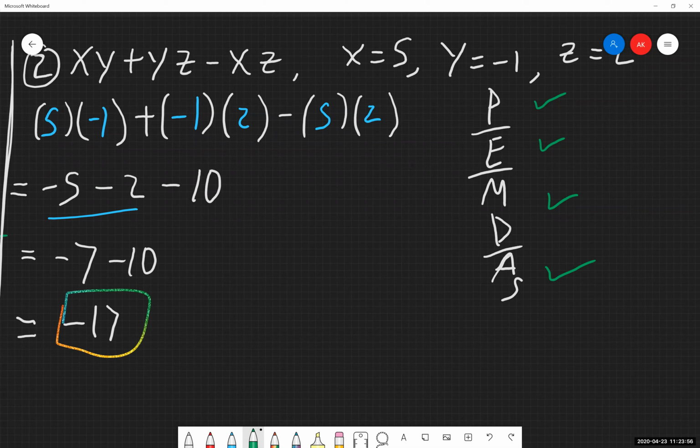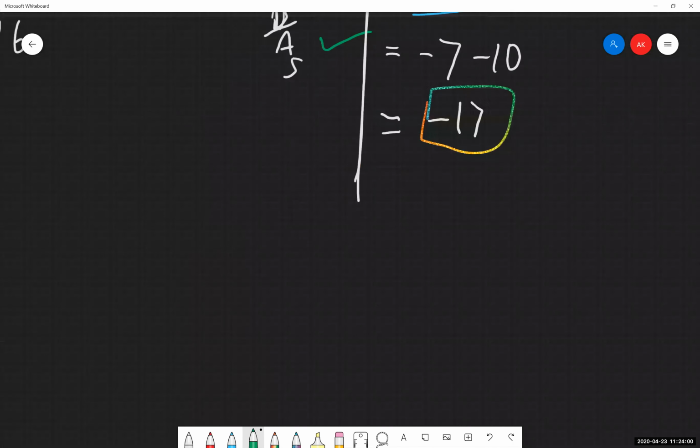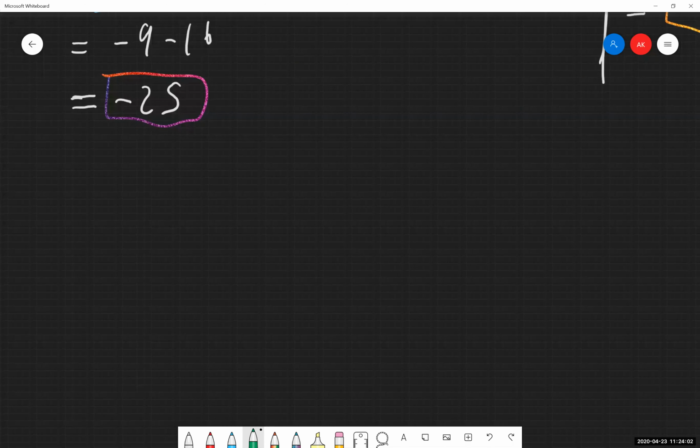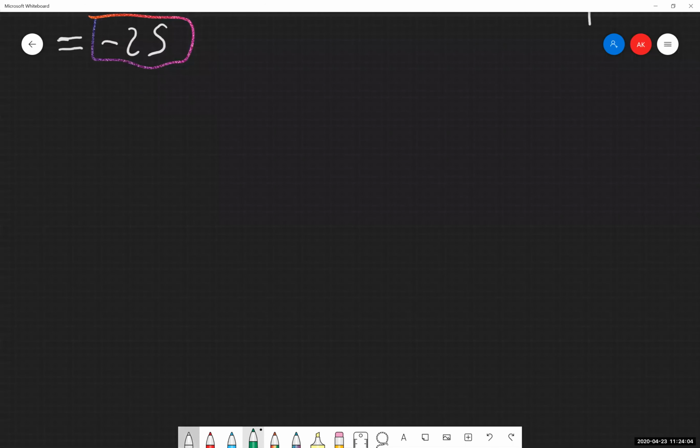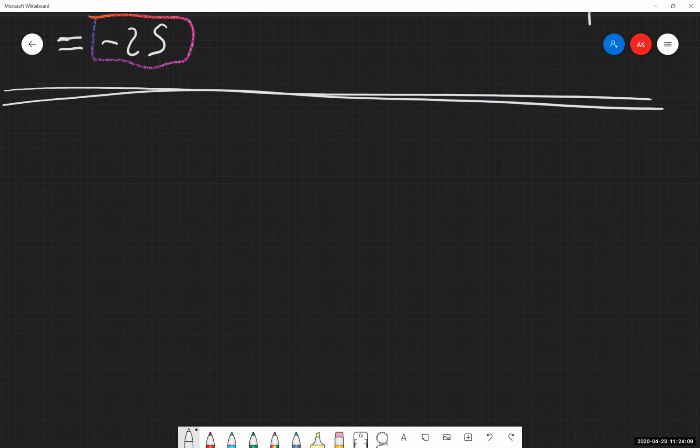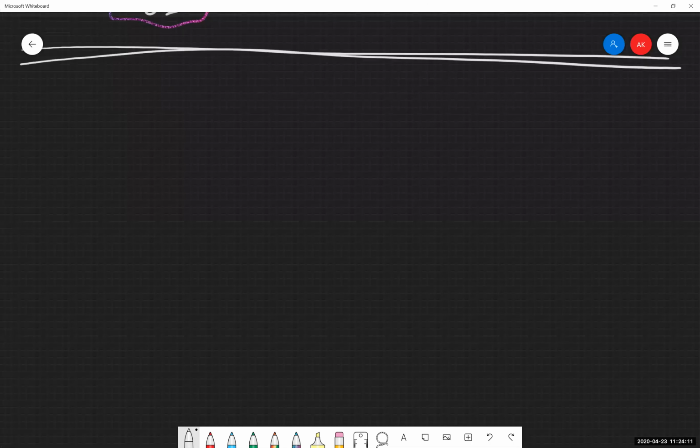Move on to our third example that we have here. Dividing line here to try and keep myself a bit organized if I can help it. So our third expression that we've been given.